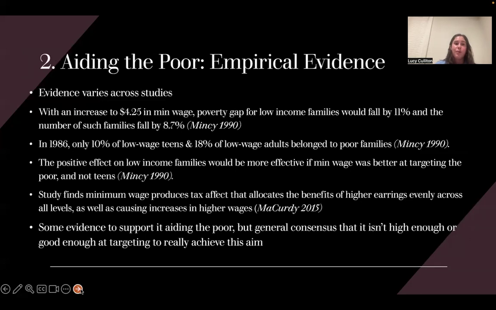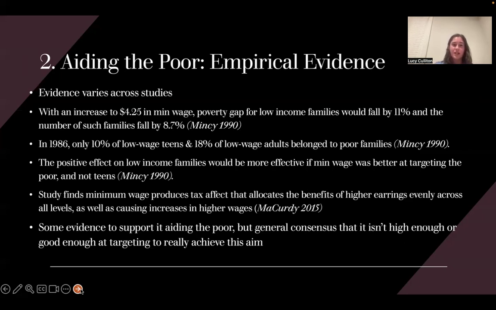Looking at how it can aid the poor, evidence varies across studies. One study found that an increase to $4.25 can decrease the poverty gap for low-income families by 11% and decrease the number of families in poverty by 8.7%.